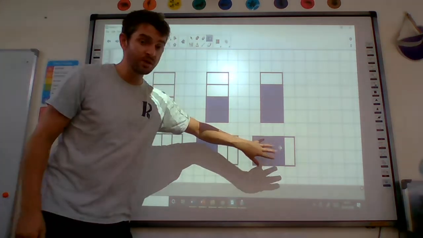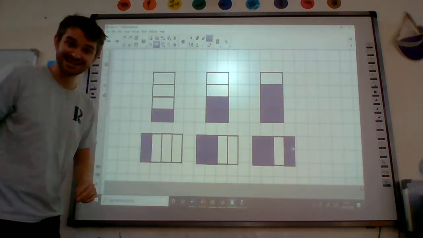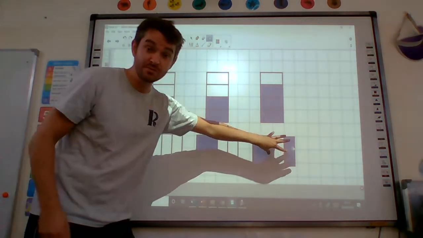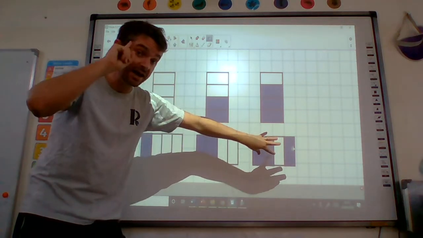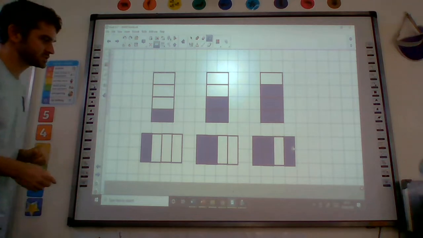Remember, they might not always be nicely together like this one. You might have something that looks like that. This is when you might not see it straight away, and you might have to count some of the squares or some of the shapes to find out if it shows 3 quarters.